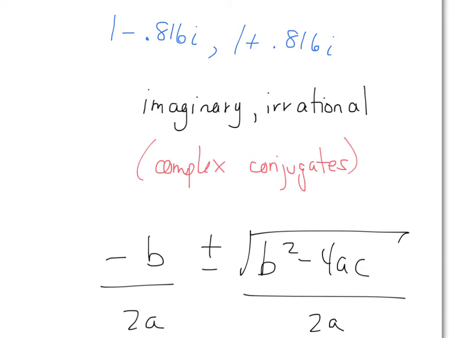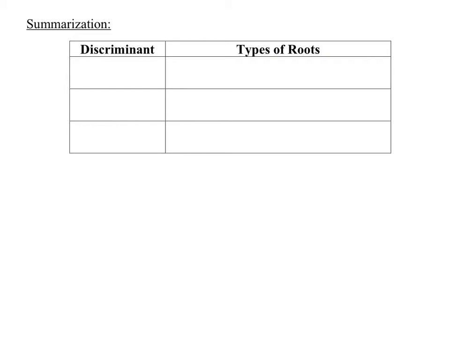So let's take these ideas and write some statements. What types of discriminants did we have a minute ago? The first case, the discriminant was what? Give me a word to describe the discriminant in the first case. Positive. Just the discriminant.